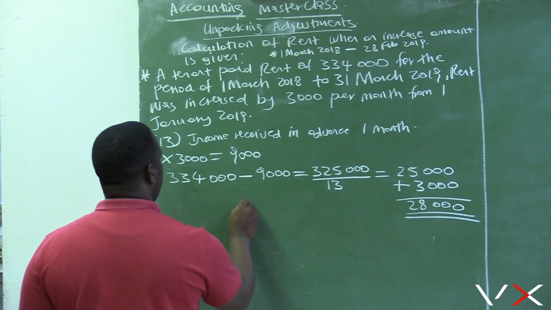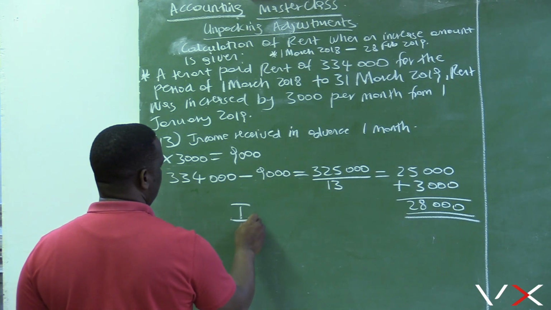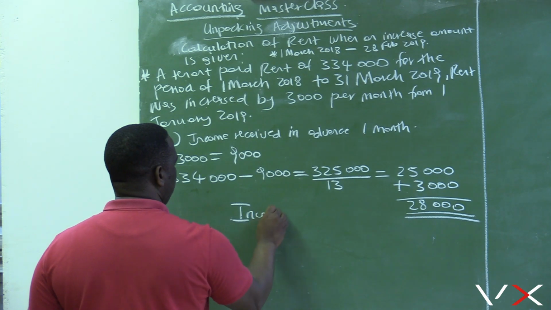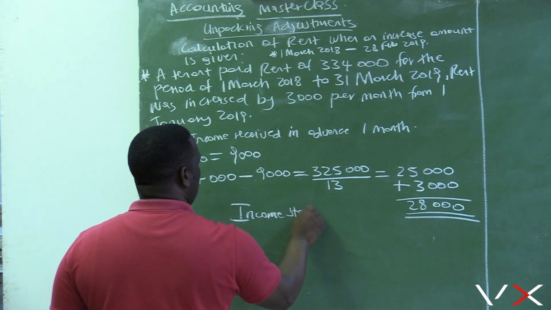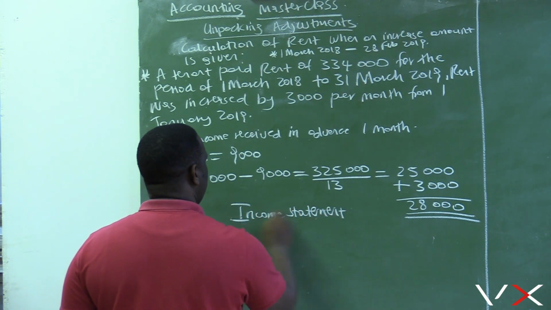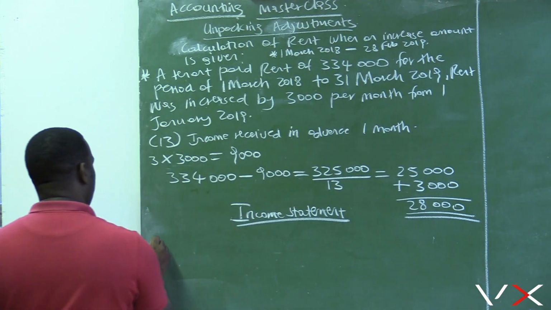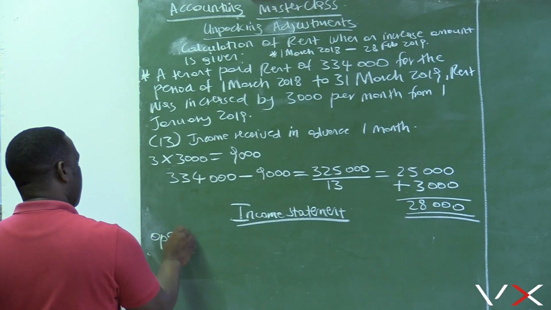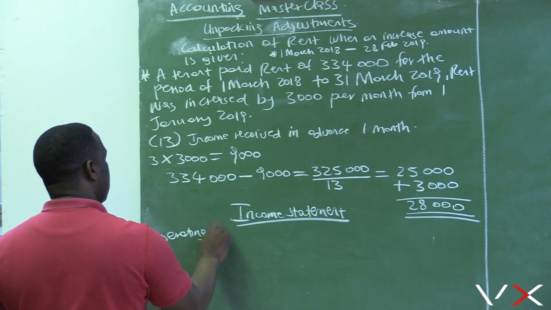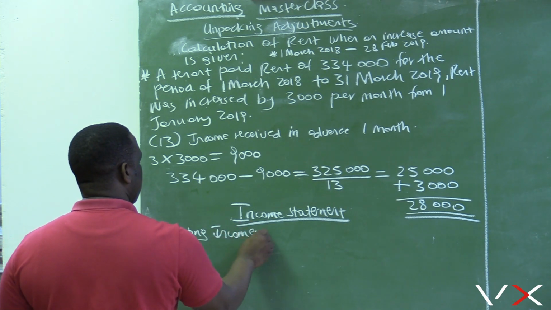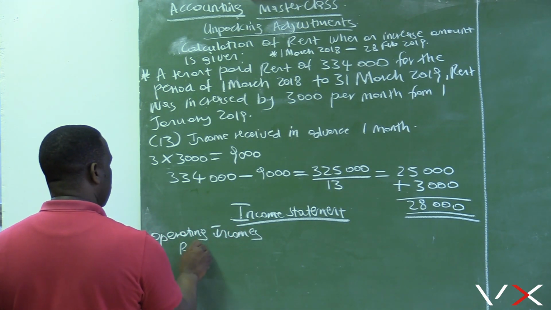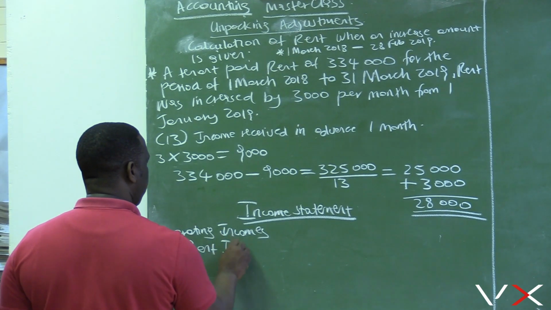So how is this adjustment going to be recorded in the income statement? After this calculation has been done, in the income statement you will have, under operating incomes, your rent income.